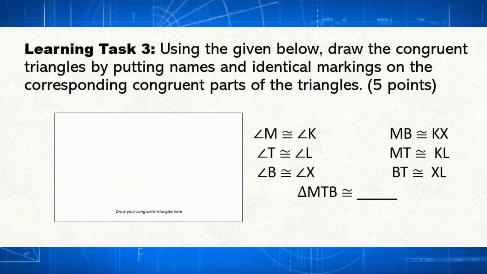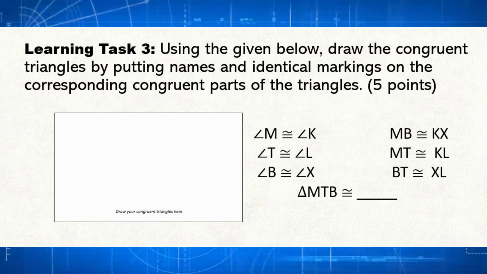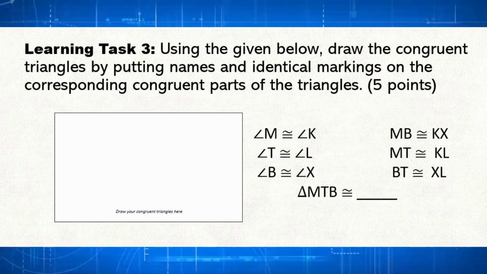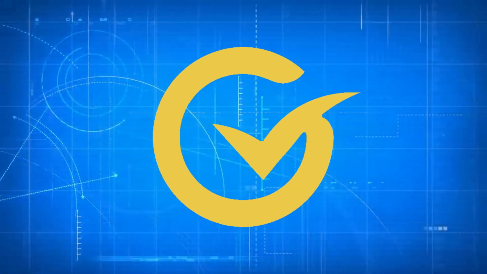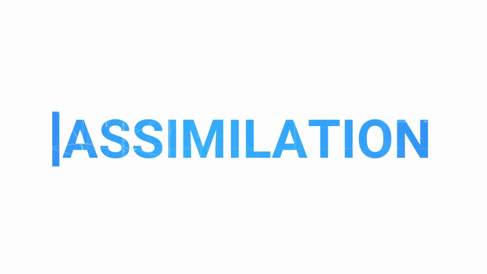In learning task number 3, you will draw two congruent triangles by putting names and markings on their corresponding congruent parts. For the assimilation, you will showcase your creativity by pasting several cutouts of congruent triangles to create a picture or design.